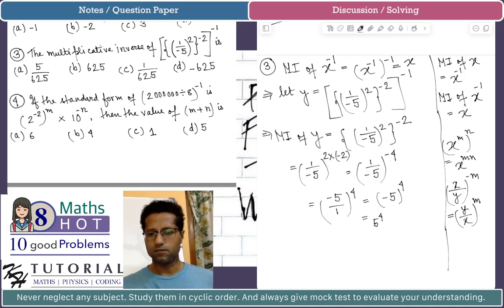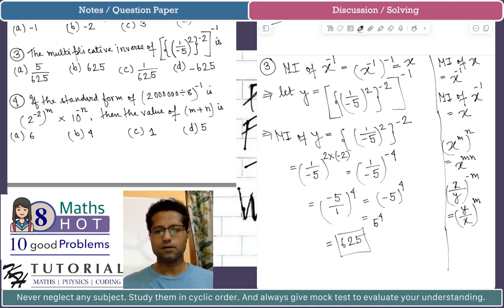Why? Because -5 raised to the power 4 has a negative base but the power is even. So this is equal to 625. 625 is the result, the multiplicative inverse of the given expression. So the correct choice is B.